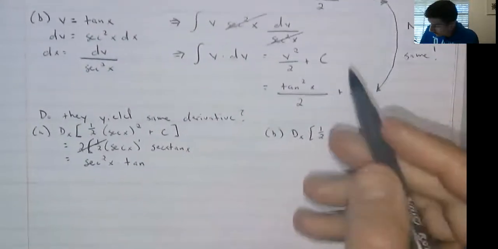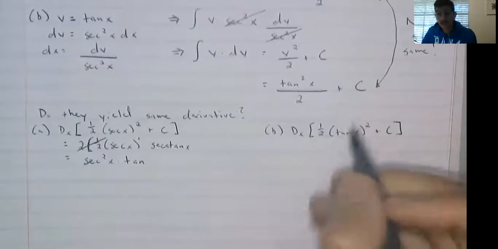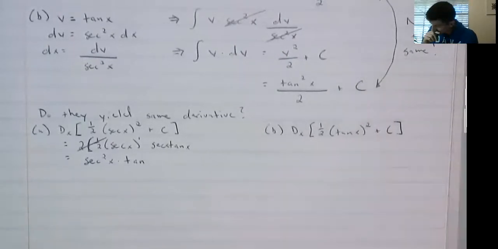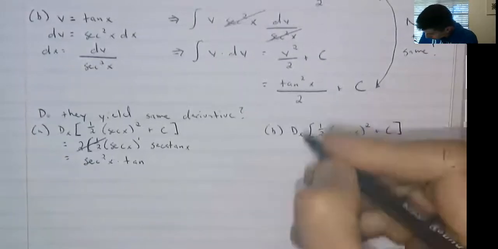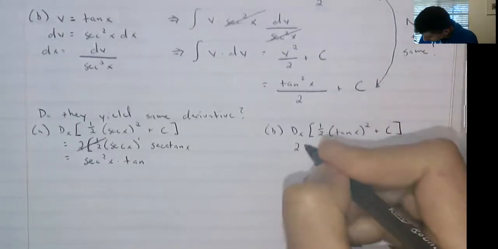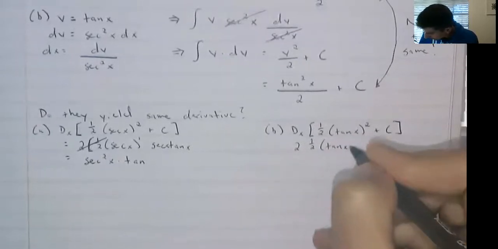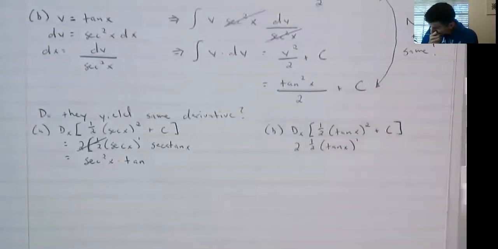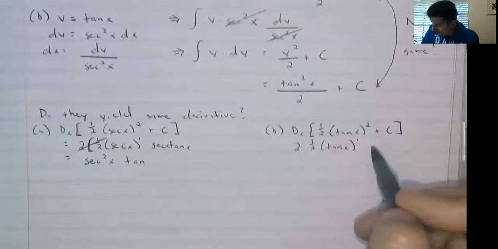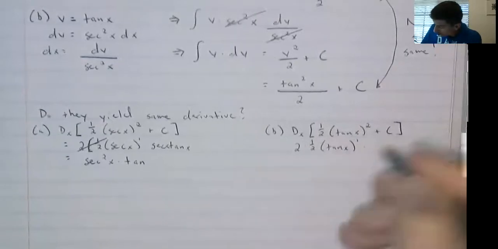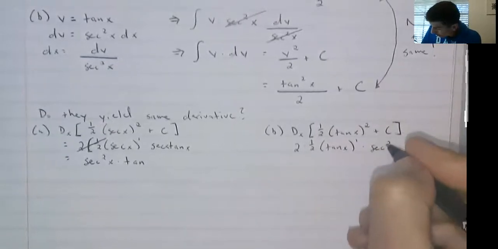Now let's see if this one works. Very similar mechanics here with the chain rule. With the power rule, we drop down 2 times 1/2 times the tangent of x. That becomes a 1. And then the chain rule tells us to take the derivative of this inner function. The derivative of the tangent is the secant squared.